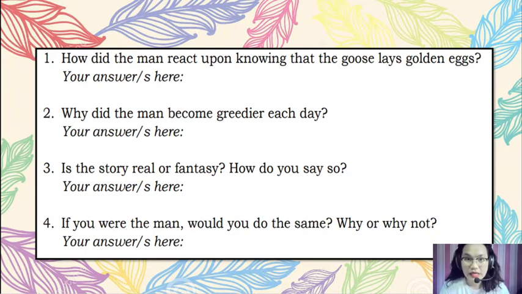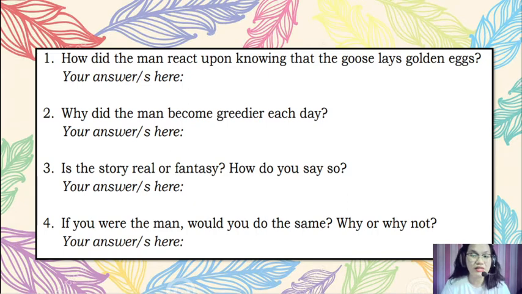Alright, great. So, upon the man knowing that the goose lays golden eggs, it made him a greedy person. Okay? Next, why did the man become greedier each day?